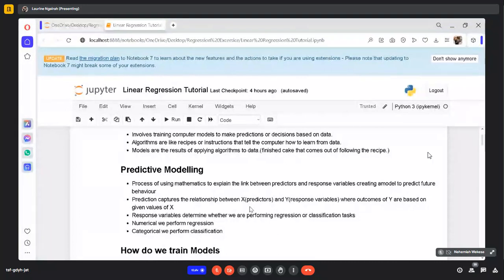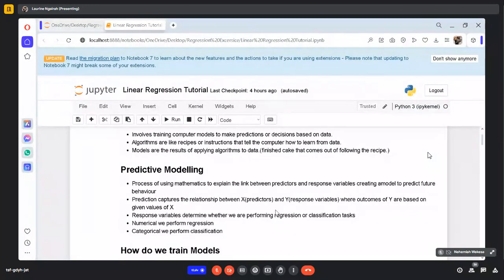So when we understand these variables, we talk about the response variables or the dependent variables being able to determine what tasks we are to perform. When we say response, the dependent variable determines whether we are doing regression or classification.